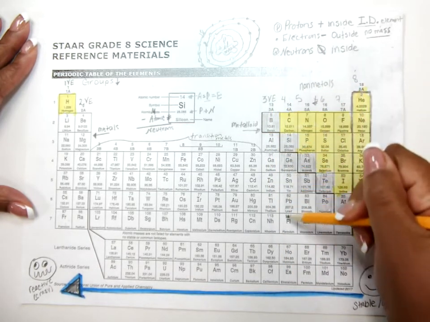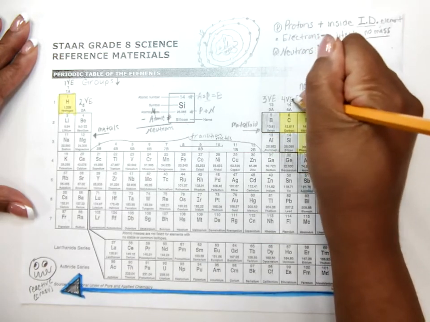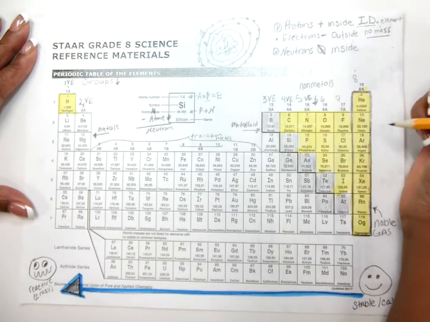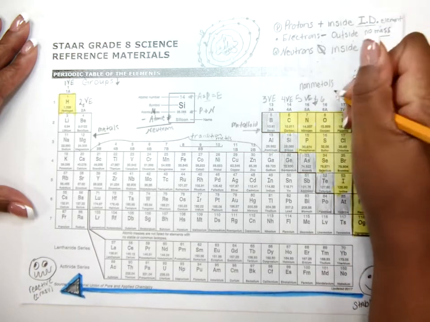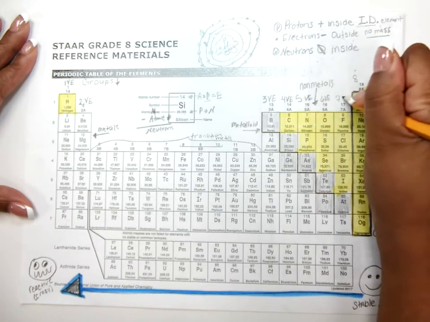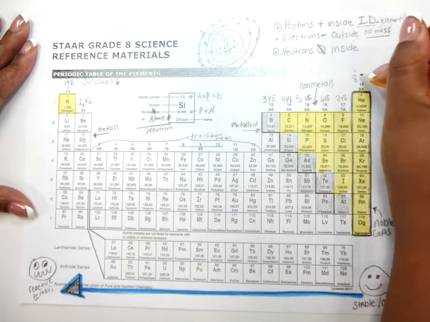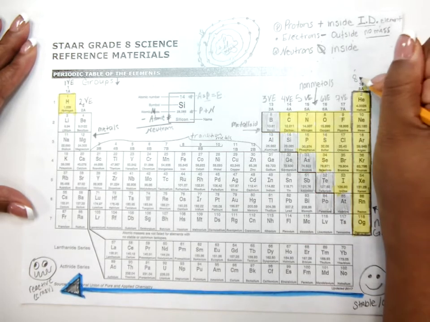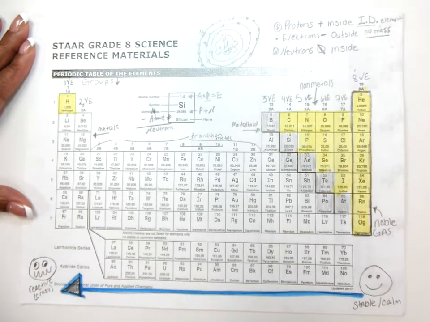All the ones in group 4, you see what we're doing here? 5 valence electrons, 6 valence electrons, 7 valence electrons, and all of these have 8 valence electrons.